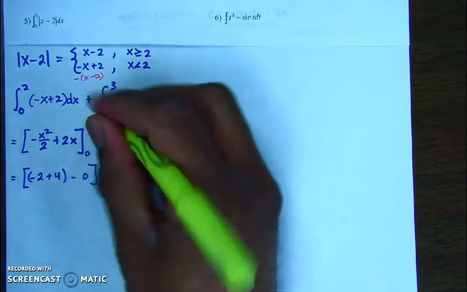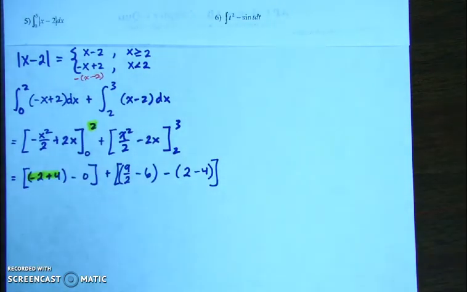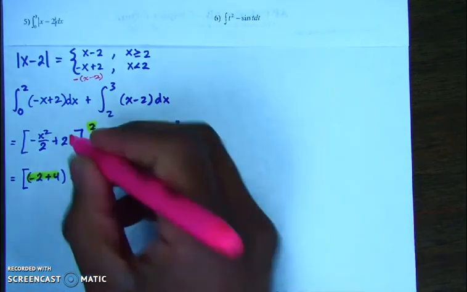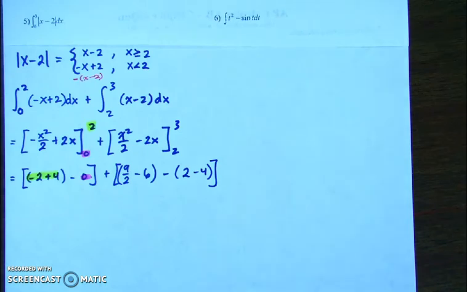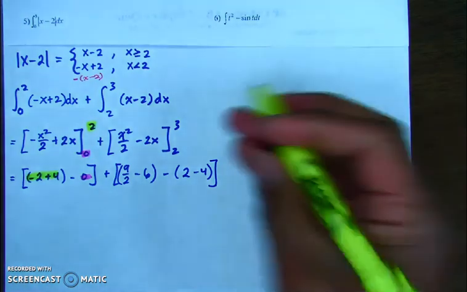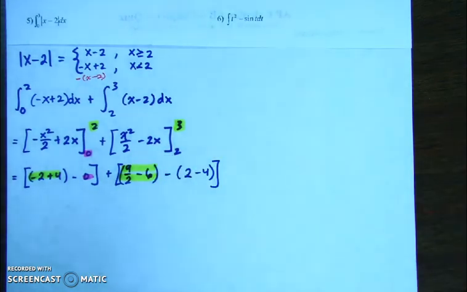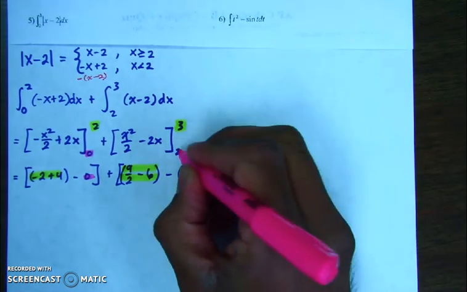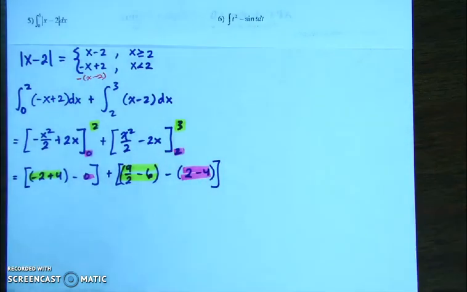So when I plugged in my upper limit of 2, that's what I got. When I plugged in my lower limit of 0, that's just 0 there. And then I did the same thing for the other one. I plugged in the 3, and I got this. And then I plugged in my 2. This time it's not that easy, so you get 2 minus 4 after all the work is said and done. Okay, the rest is just computation and you'll get your final answer.